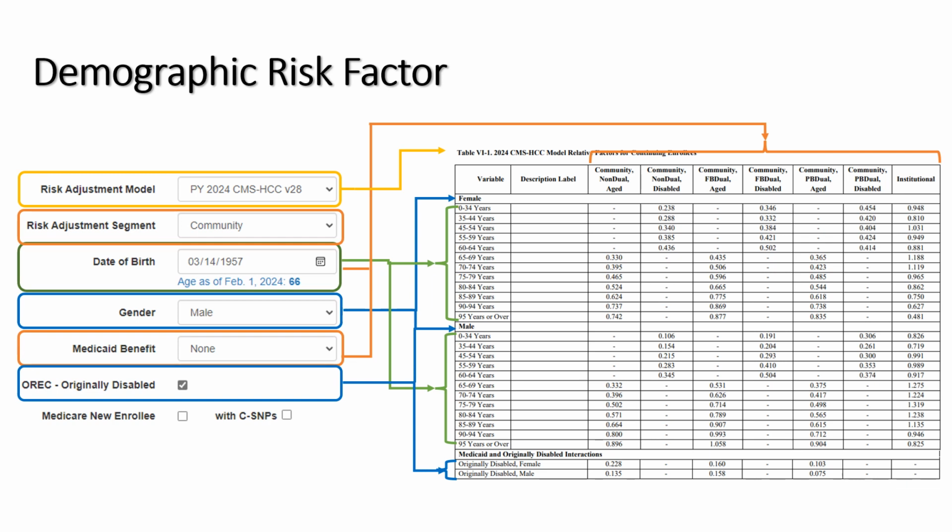The original reason for entitlement can be due to age, disability, ESRD, or a combination of disability with ESRD. There is an additional relative factor applied to the risk scores of beneficiaries who were originally entitled to Medicare due to disability.